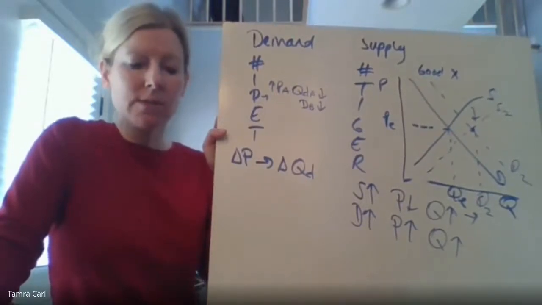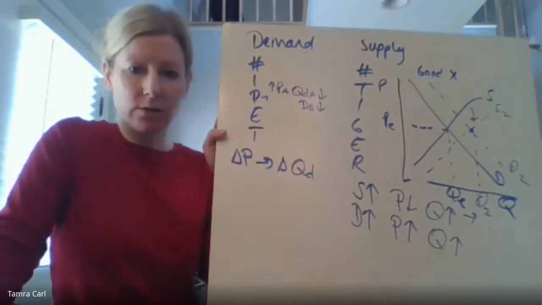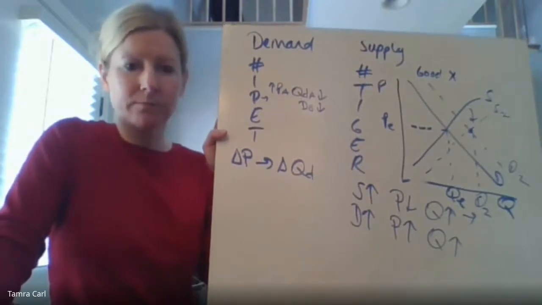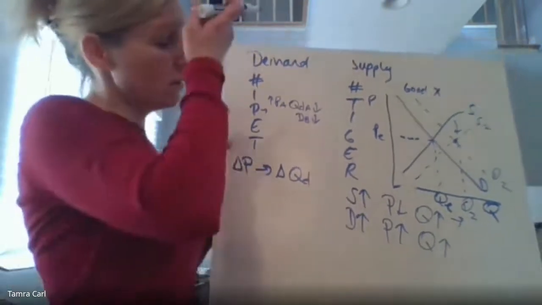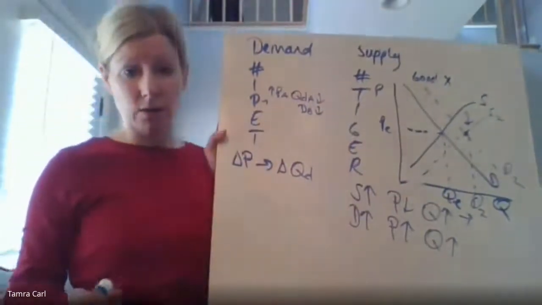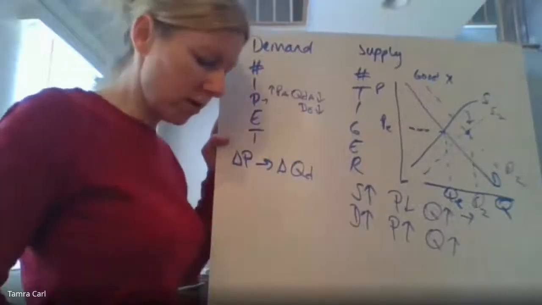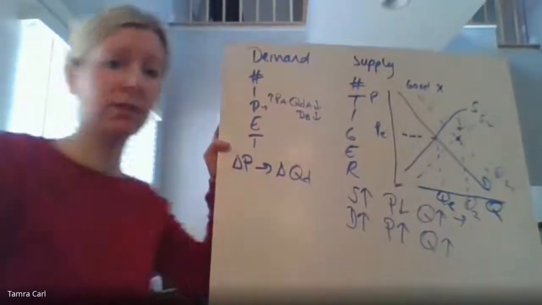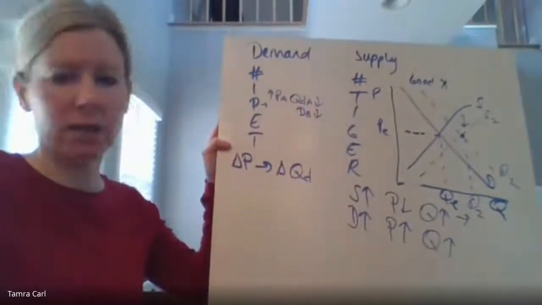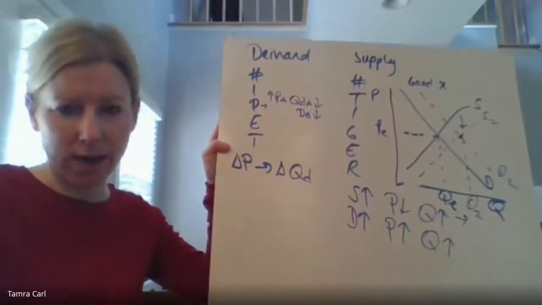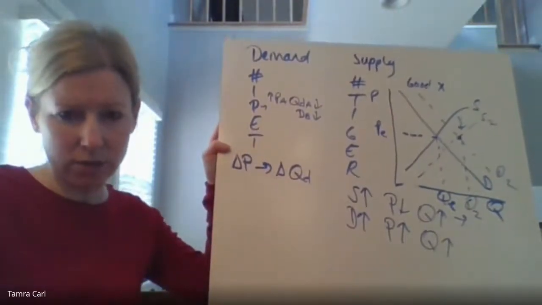And unless they specifically say one shifts more than another, you don't know that. So I think that's a great way to have students be able to say it. Otherwise, let's just say they just asked about an increase in demand. And how do I say that in my own words, that price and quantity goes up?